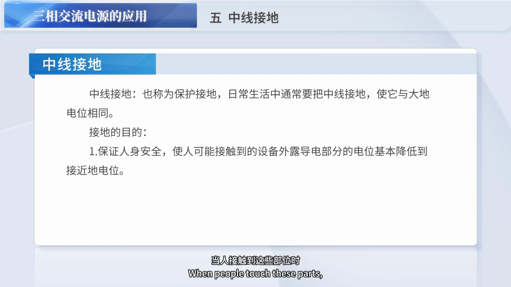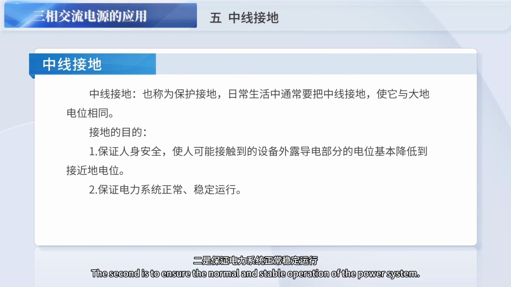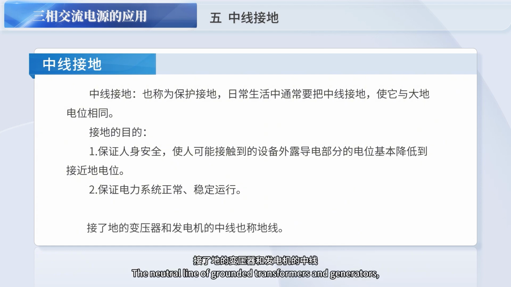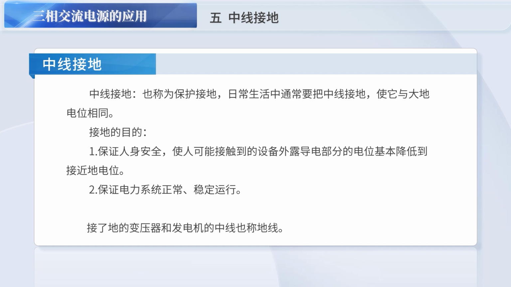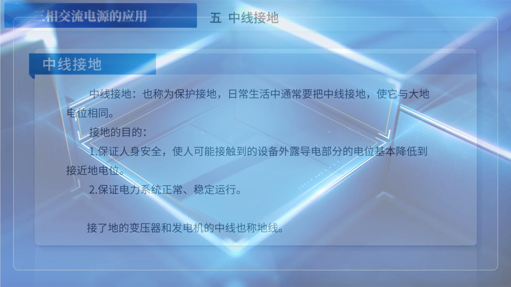When people touch these parts, even if these parts are charged, their potential is basically close to the ground potential, so the danger of electric shock can be reduced. The second is to ensure the normal and stable operation of the power system. The neutral line of grounded transformers and generators is also called ground wire.